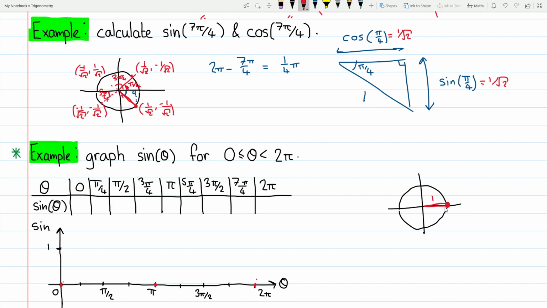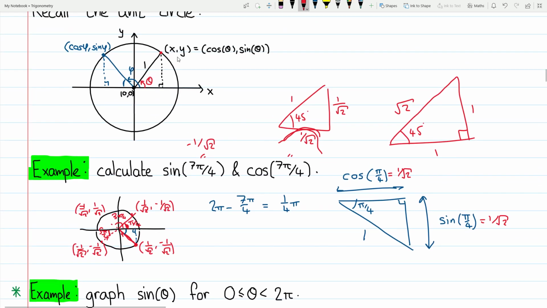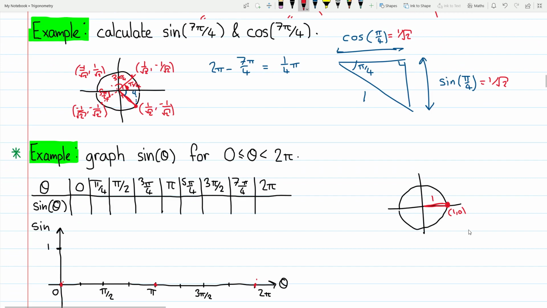Remember that the radius is 1. So this coordinate here is simply 1, 0. And the way we've defined the unit circle is the x-coordinate is always going to be cosine, and the y-coordinate is always going to be sine. So sine of 0 is 0.